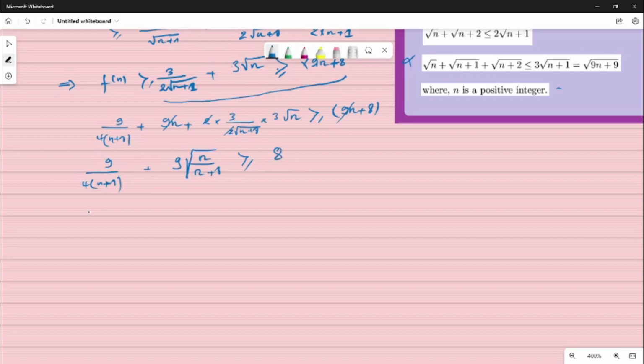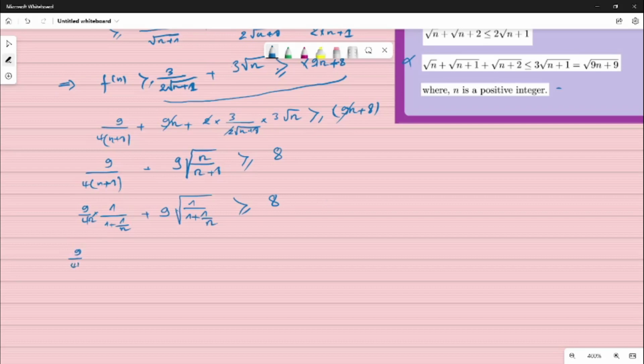And this can be written, and it is sufficient to prove that this quantity is greater than 8.